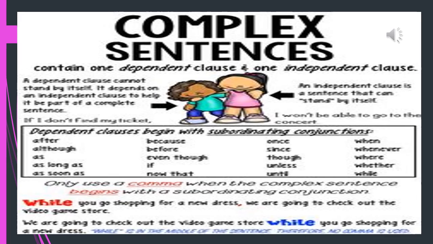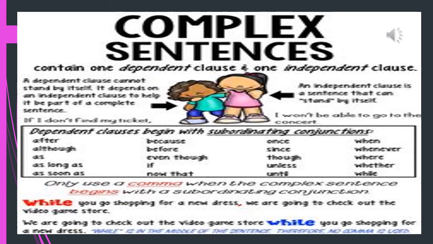If I don't find my ticket, I won't be able to go to the concert. Which part is giving you a complete sense? Yes, of course, it is the second part. I won't be able to go to the concert, right? See the first part. If I don't find my ticket, yes, it is not giving you a complete sense. So it is a dependent clause. It always depends on the main clause there.